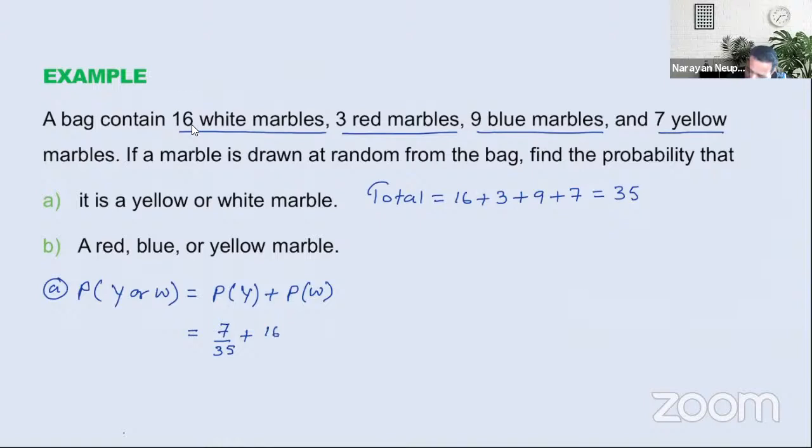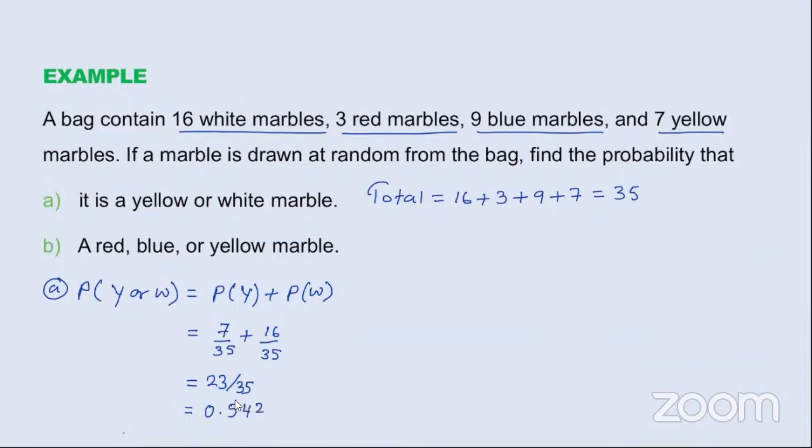With the same denominator, you can add the numerators: 16 plus 7 is 23, so it is 23 over 35. Changing it to a decimal using a calculator, make sure you check it, it is 0.5429. That is the probability of a yellow marble or a white marble.